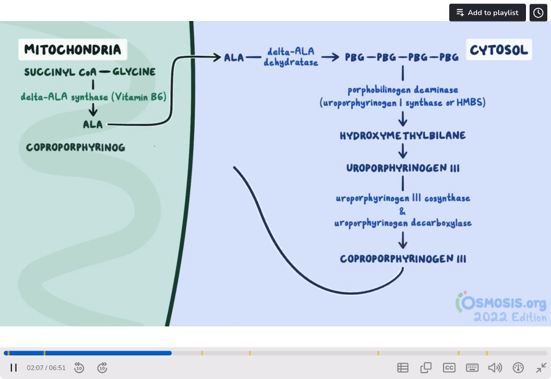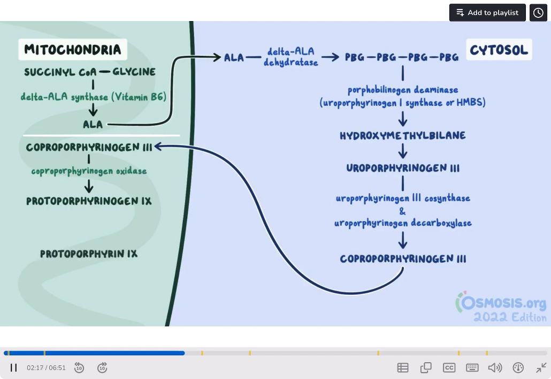Next, coproporphyrinogen 3 is brought back into the mitochondria and converted into protoporphyrinogen 9 by coproporphyrinogen oxidase. Protoporphyrinogen 9 is converted to protoporphyrin 9 by protoporphyrinogen oxidase. Lastly, an iron molecule is added to protoporphyrin 9 via the enzyme ferrochelatase. And 10 tongue twisters later, we've got a completed heme.